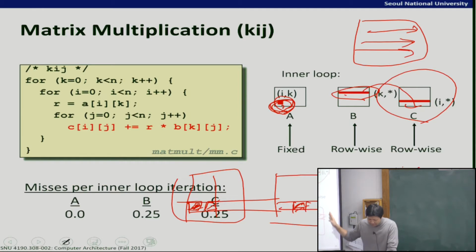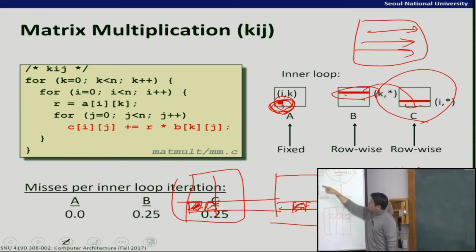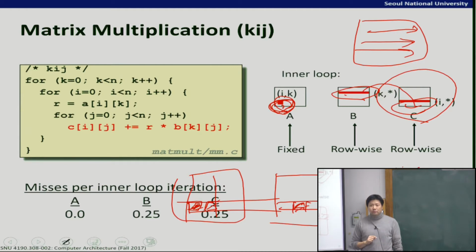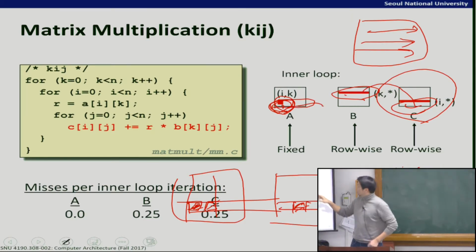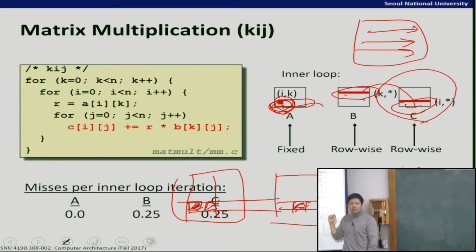You fix a specific element in array A, and you calculate the product of this scalar value with a vector, and then the vector contributes to this row in C. If you repeat this process for all the elements in this row, then eventually you get the correct value for this one.